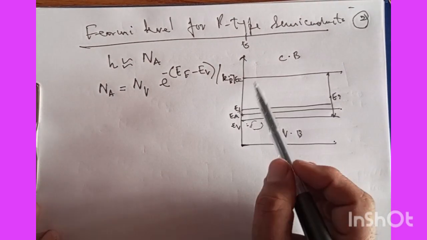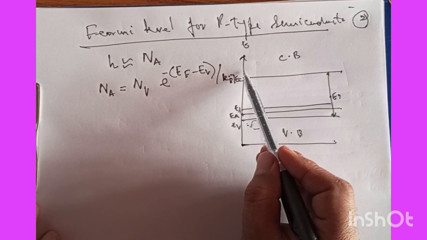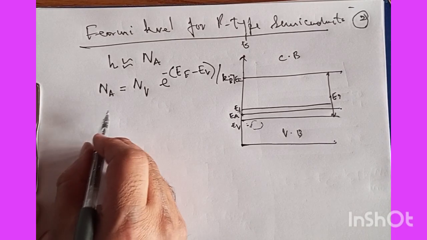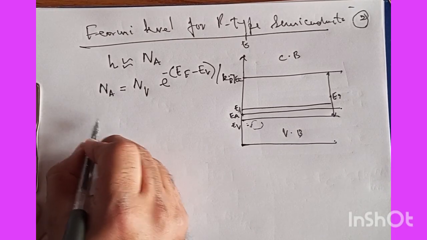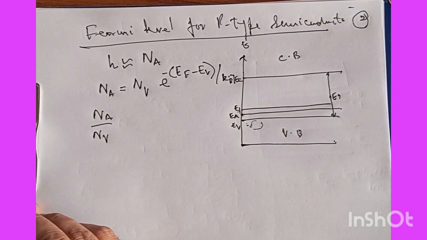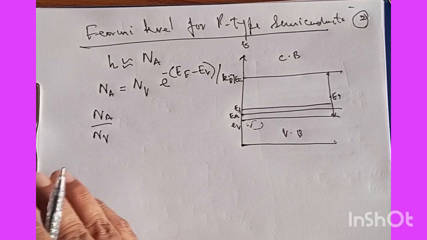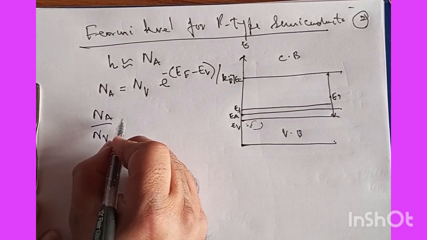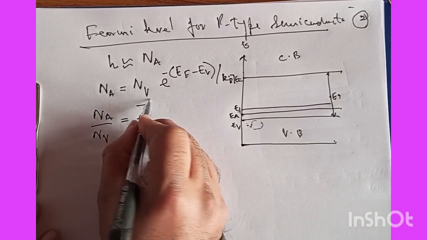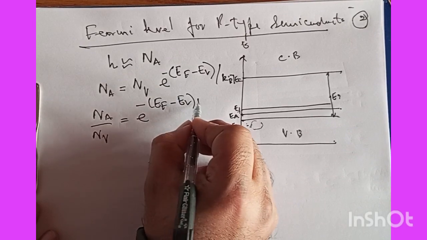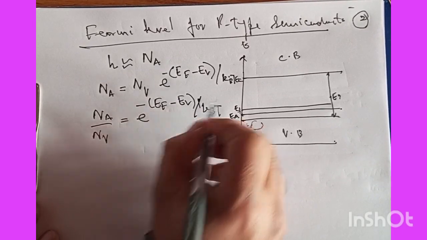In the previous case, it starts at the conduction band and it ends at the Fermi level in case of n-type semiconductor. So if we proceed from here, we will have Na by Nv. So our job now is to find an expression for the position of this Fermi level in case of a p-type semiconductor. So this will be e to the power of minus (EF minus EV) by kBT.